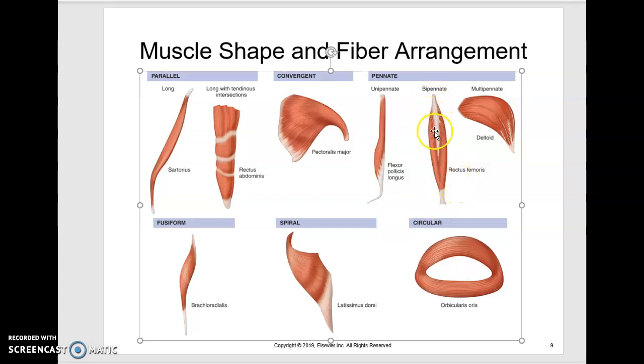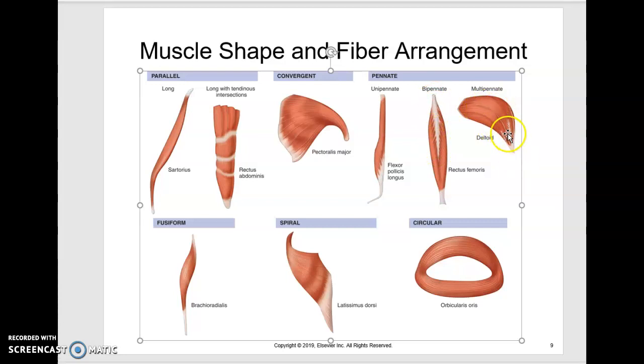We're not going to have you necessarily learn the flexor pollicis longus, but you can see that this has an oblique fiber direction, so it packs in a lot more muscle fibers in that area, but they all come down to attach, and so they equally pull on this tendon here.